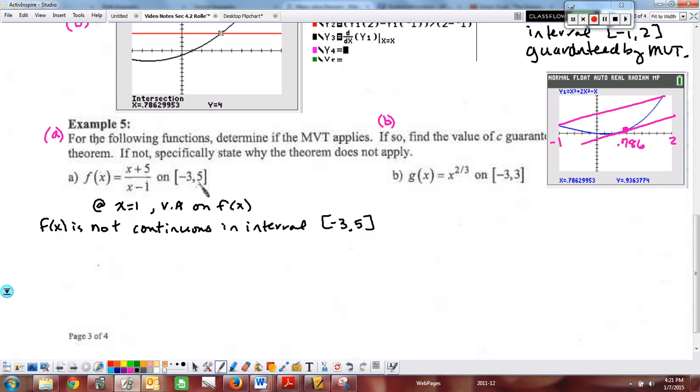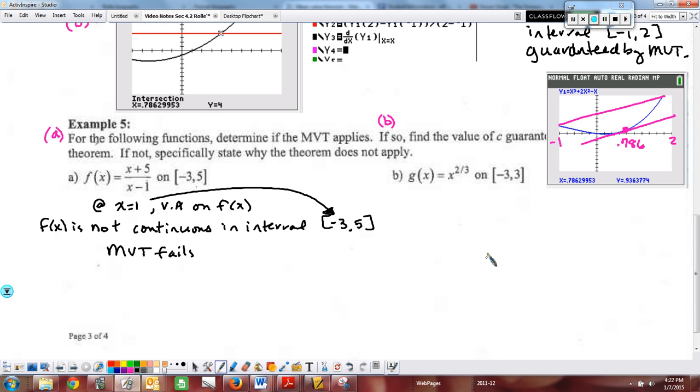Then MVT would have applied, because that section of the graph for that closed interval would have been continuous and differentiable. But here, because x equal to 1 is in the interval of interest where I'm trying to apply MVT, then we're done. MVT fails for this problem.